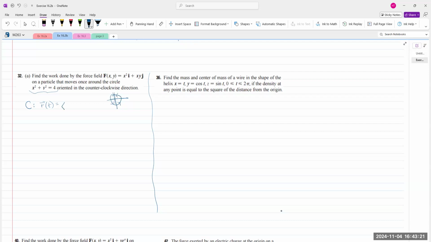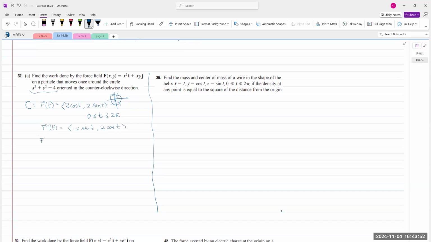So we will use 2 cosine t, 2 sine t. It's one circle, once around the circle, so t will be from 0 to 2 pi. So r prime t will be -2 sine t, comma, 2 cosine t.